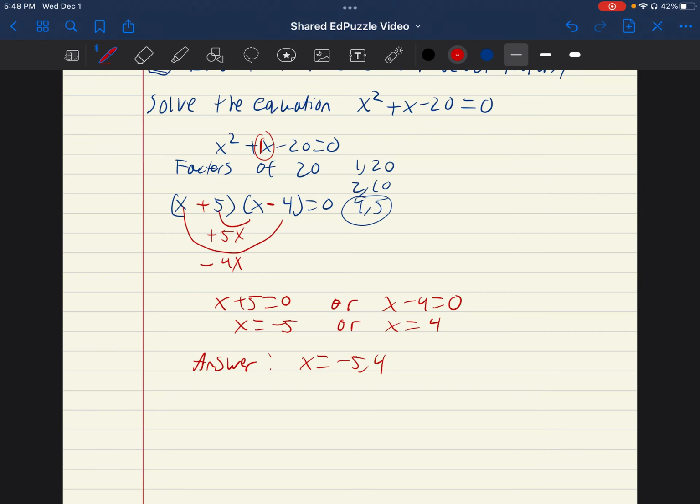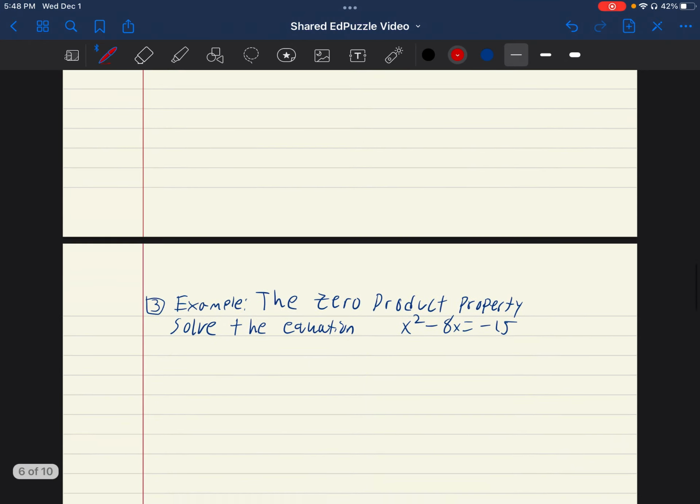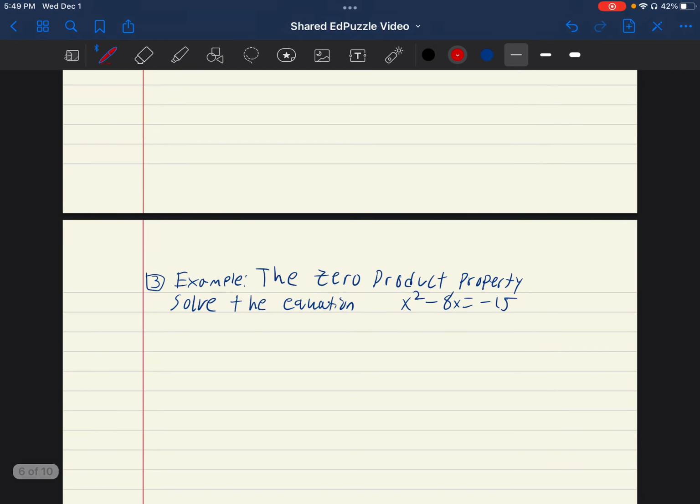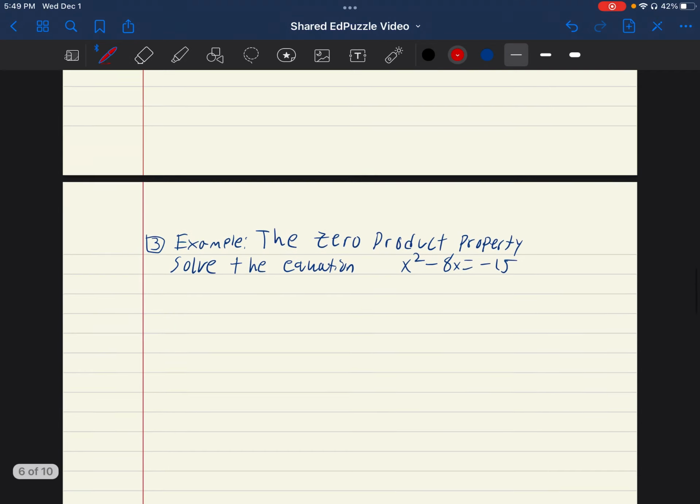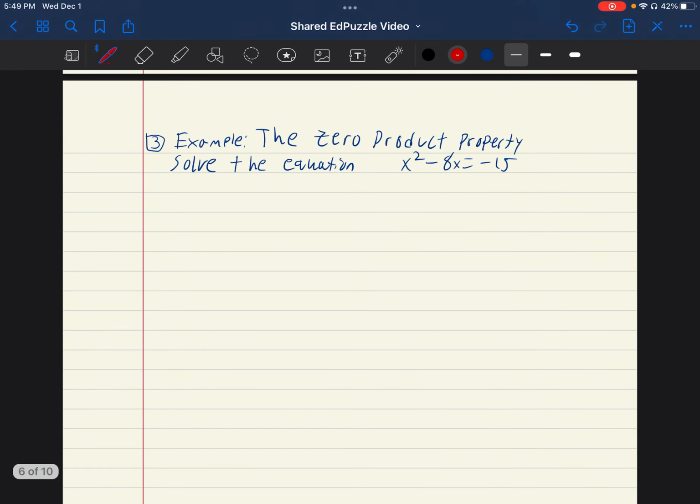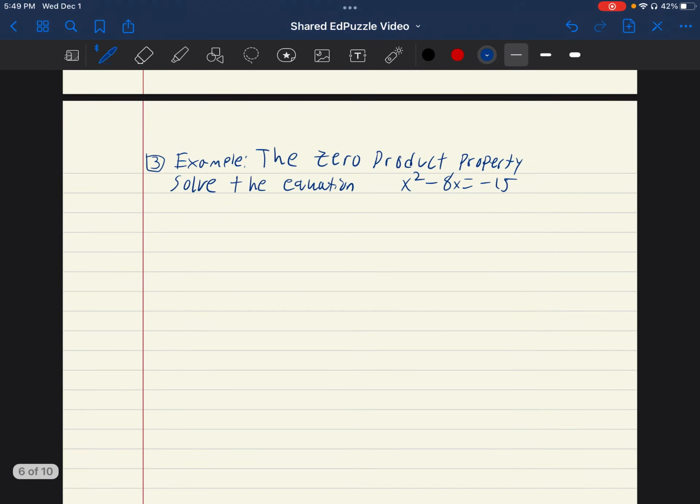Now for the last problem, I want it to be a little more complicated, but it's the same result. I would like you to try it for a little bit, and then we will go over this problem also. First, move all variables and numbers so that everything is on one side.